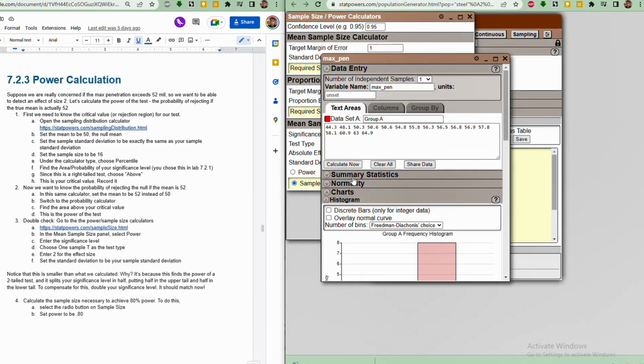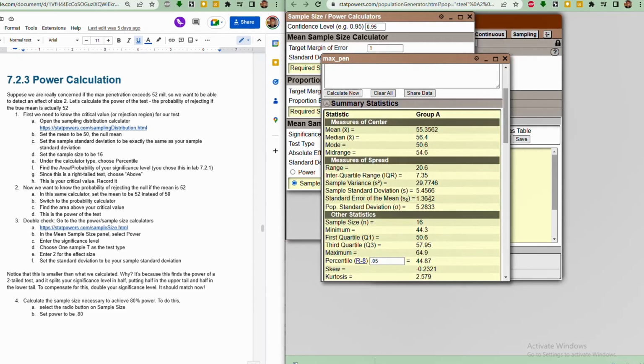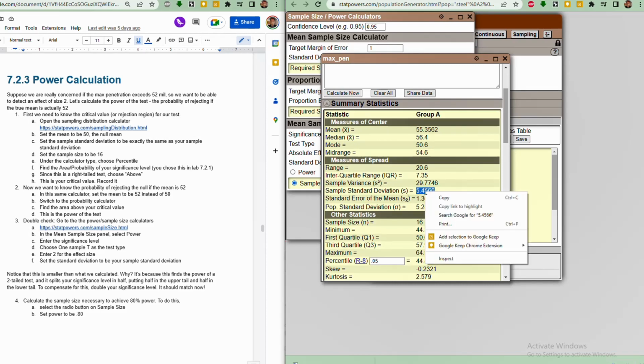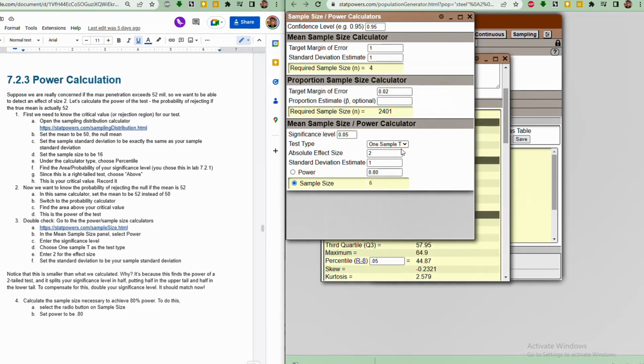So let's just go to our sample statistics. Here, mine was 5.4566. I'm going to copy that and paste it over. You're going to have different numbers, of course. What this is going to allow you to calculate is the power of my test with a sample size of 16.